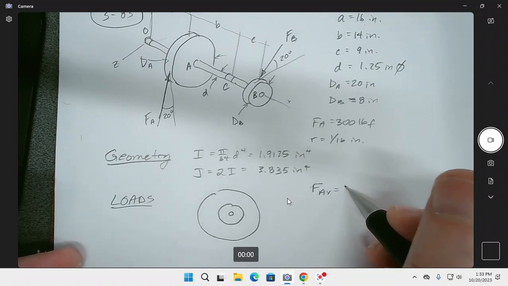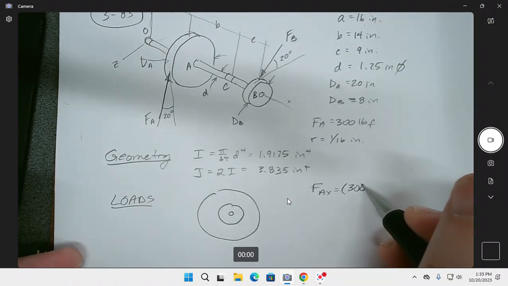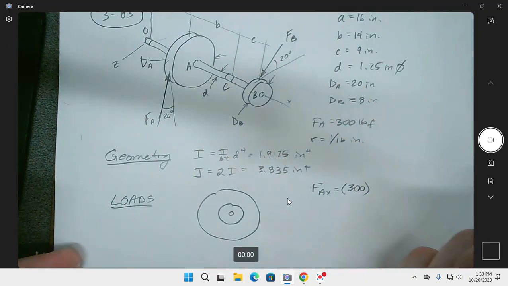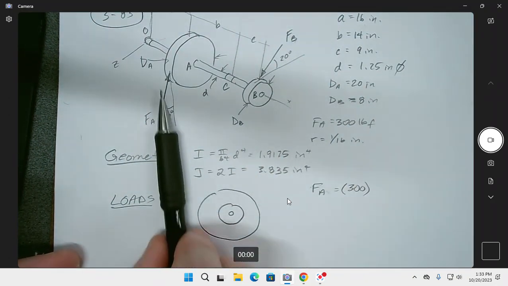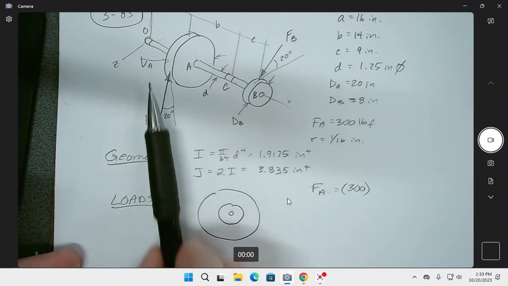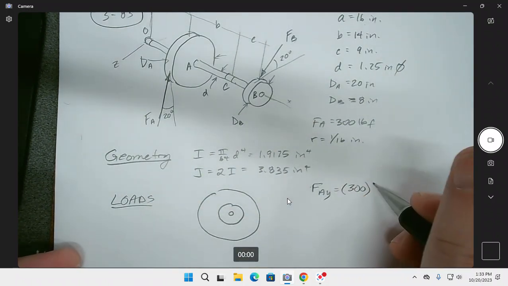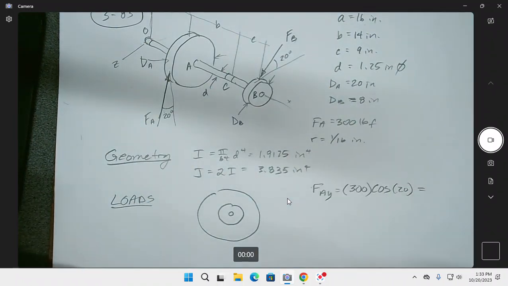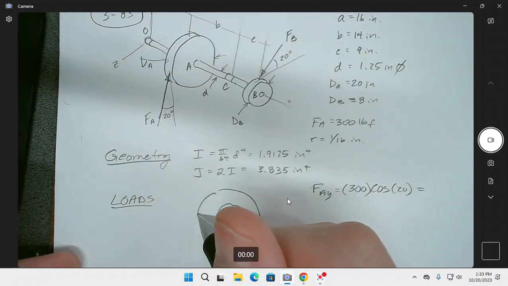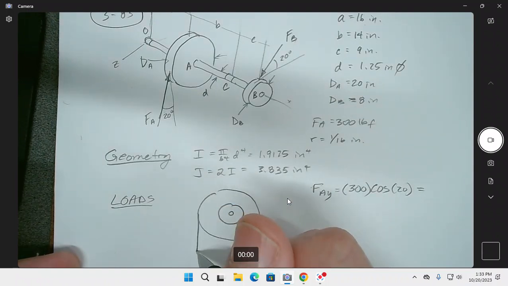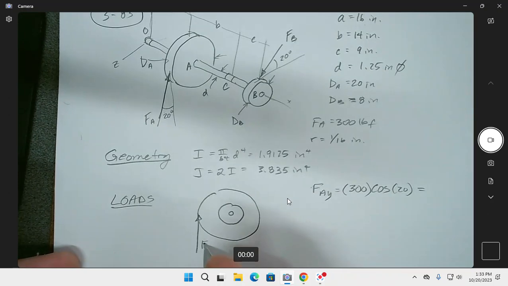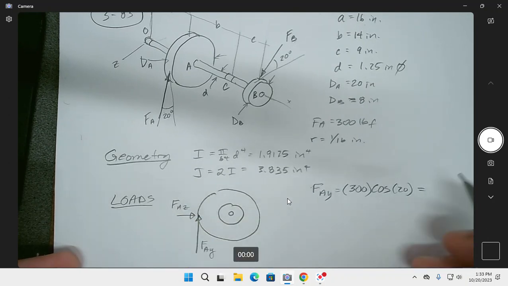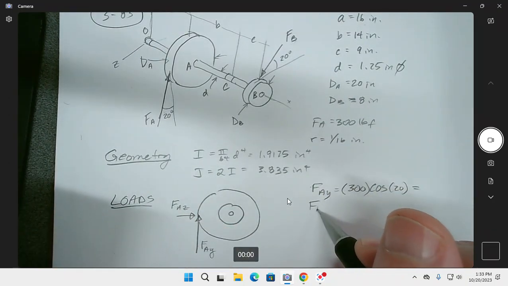Take FAX is going to be the 300 times, oh not X, sorry, Y. Right, I'm going to go that component first. Kind of makes sense. So that's going to be cosine, and that's 20 degrees. And so we'll put that one there. And so notably, that's going to be this one right here, the FAY. We're also going to have an FAZ. So I'll write that.